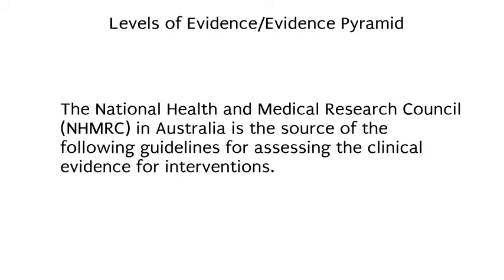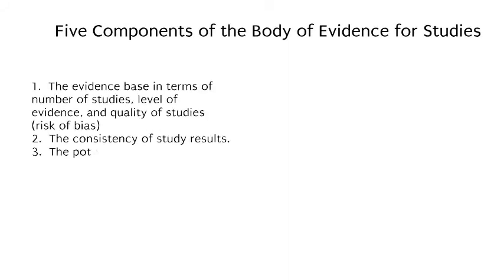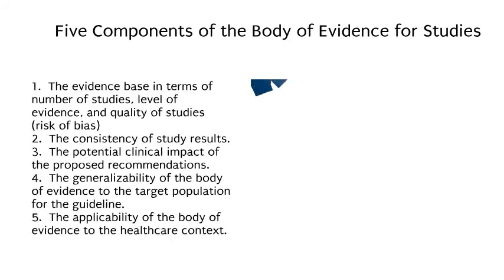The National Health and Medical Research Council in Australia is the source of the following guidelines for assessing the clinical evidence for interventions. These are also used in the levels of evidence in the evidence pyramid. So, the five components of the body of evidence for studies constitute the following.